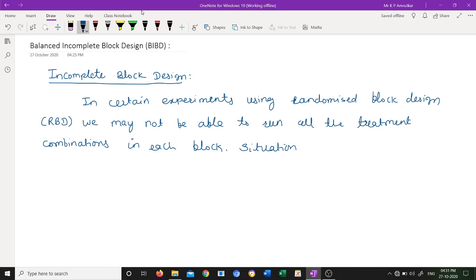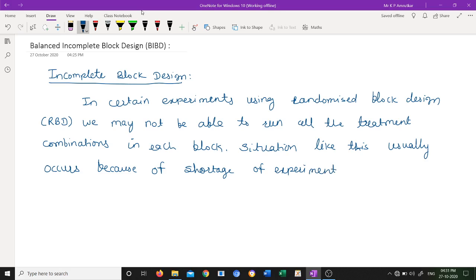A situation like this usually occurs because of shortage of experimental apparatus, or the physical size of the block.